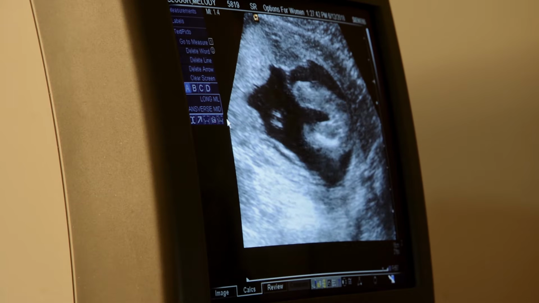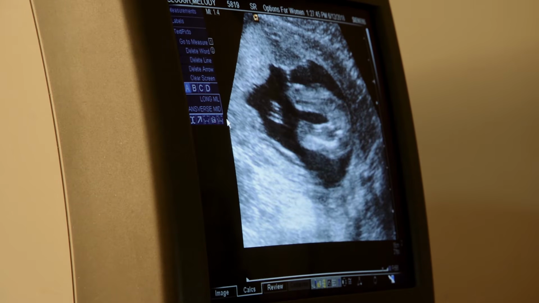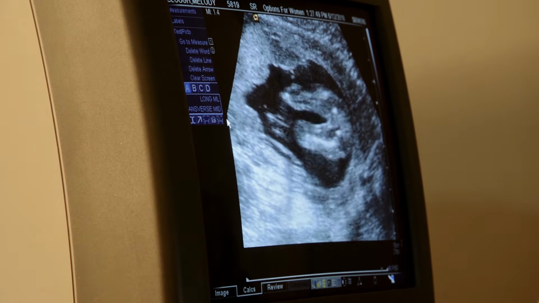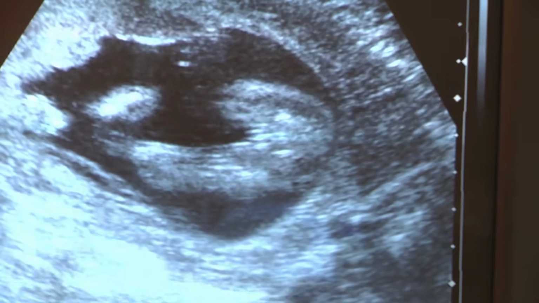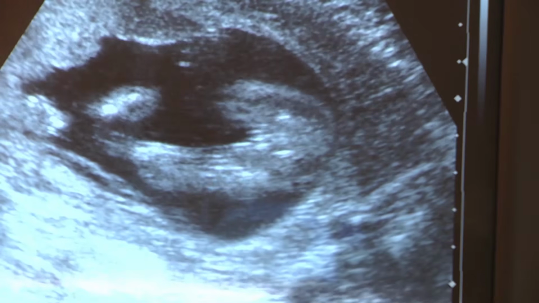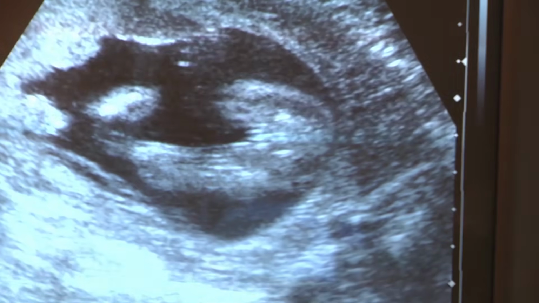If it's a girl, you got to look for 3 lines, and if it's a boy, that's the hamburger sign, and a boy is the turtle sign. Okay, you get 3 lines. 1, 2, 3. I am saying, but he was moving or she was moving so much I couldn't. Right now, I'd give it 80% a girl.